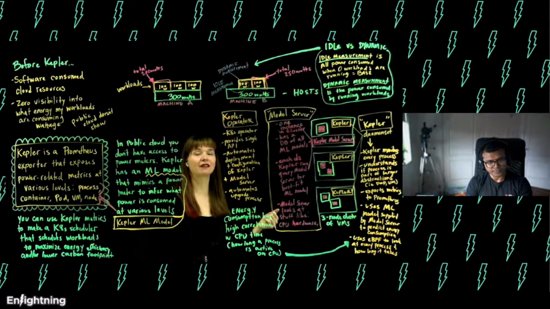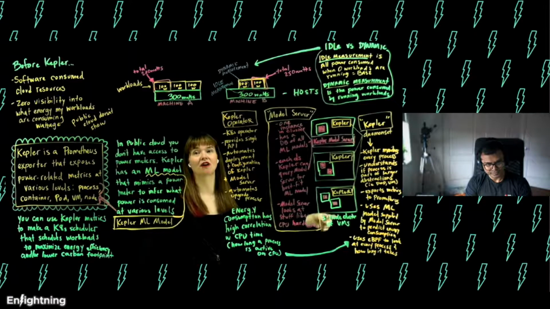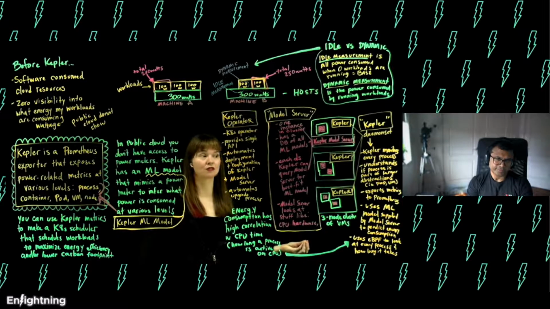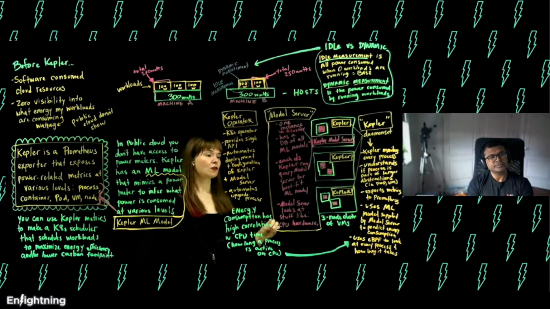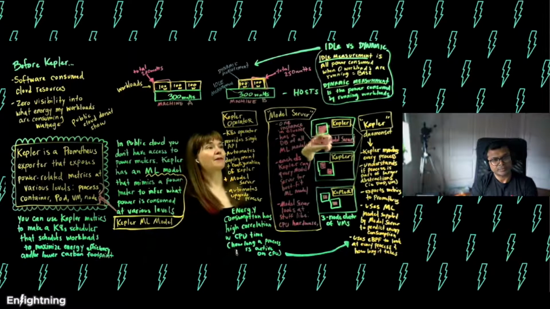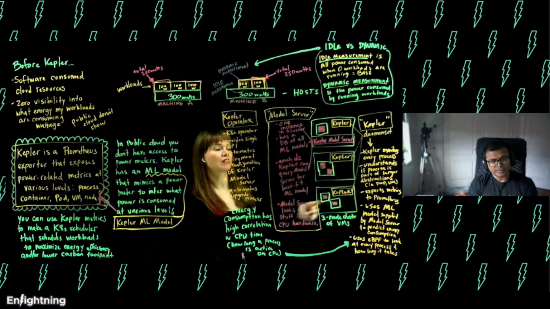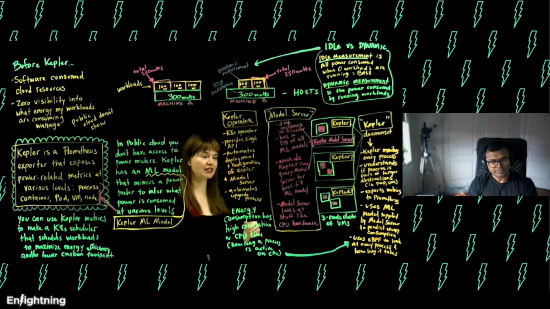It might look at the hardware usage and give you a machine learning model that's optimized for that particular hardware. So the Kepler daemon set uses that machine learning model to predict energy consumption.